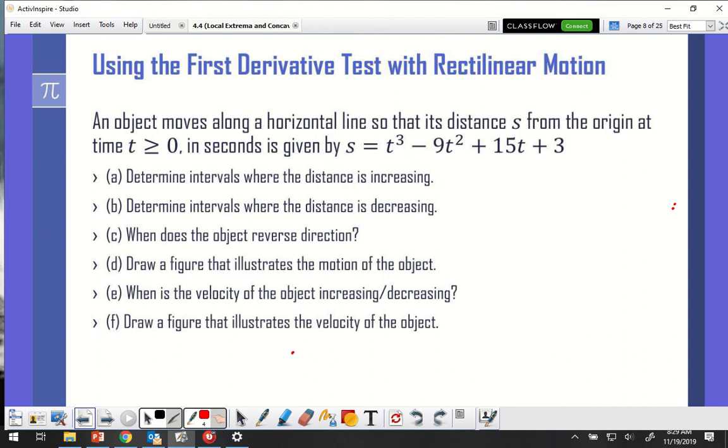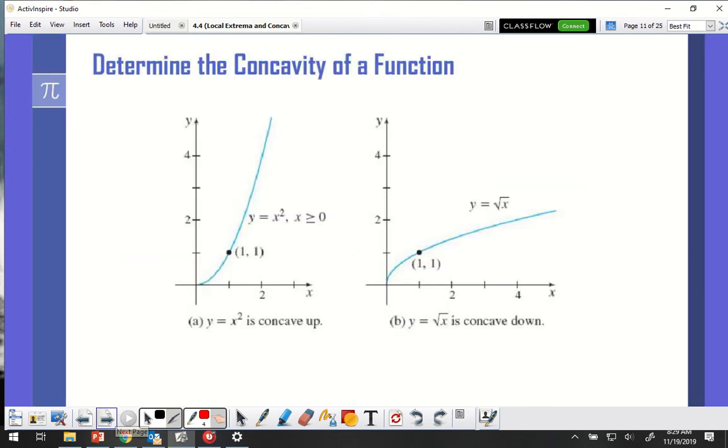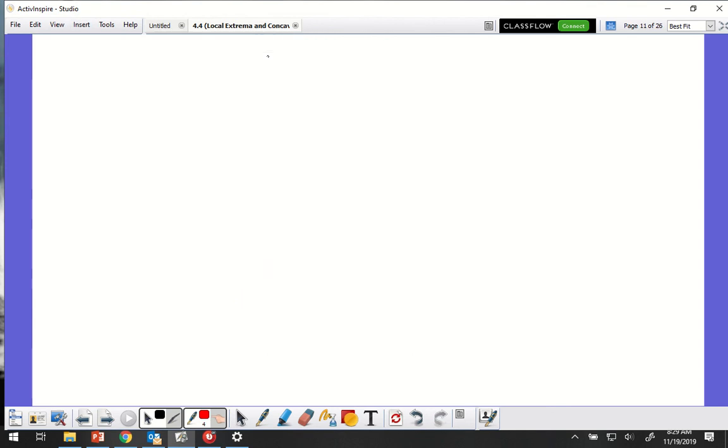So when is velocity increasing and decreasing? I'm going to take my derivative, which was that 3 thing right there. So my velocity v of t was 3t squared minus 18t plus something, right?